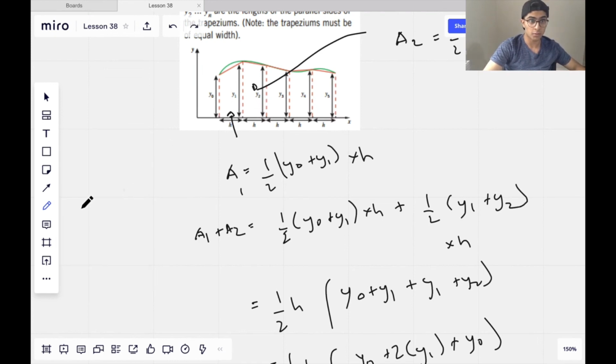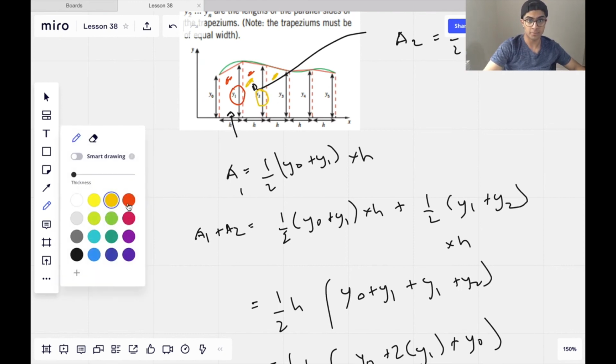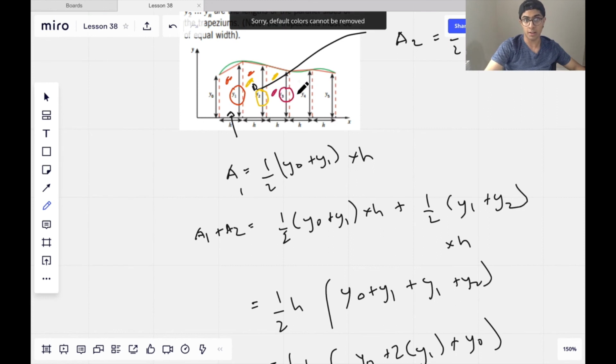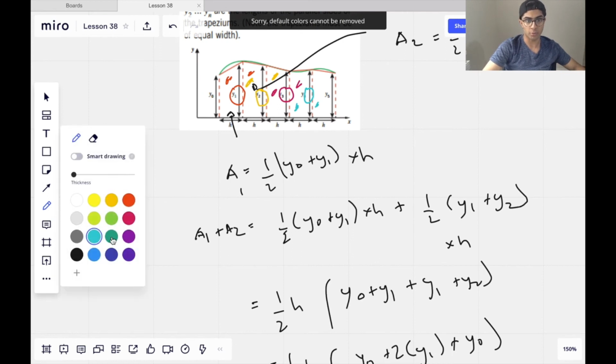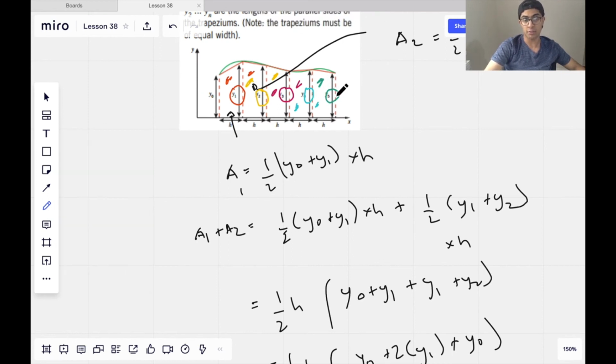So y1 you'd use for here and here. y2, for example, you'd use for this left hand and this right hand, and the same thing with y3, left hand and right hand. Same thing with y4. But y5, for example, is only used for this left hand, so it's only used once. And same thing with y0, it's only used once here.